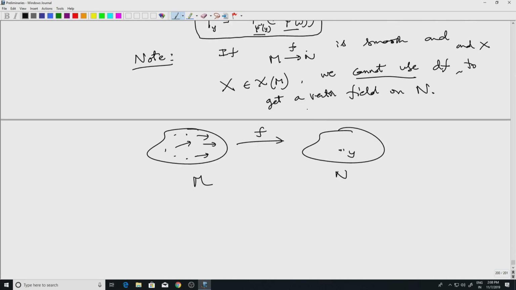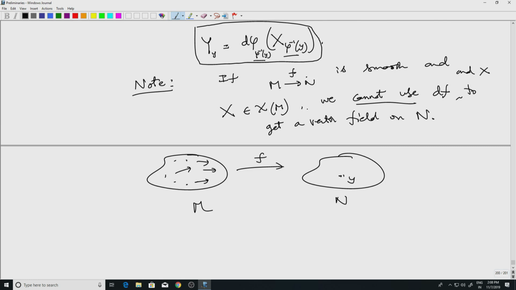As an extreme case, one can consider f equal to constant. So the whole domain is getting mapped to a single point.